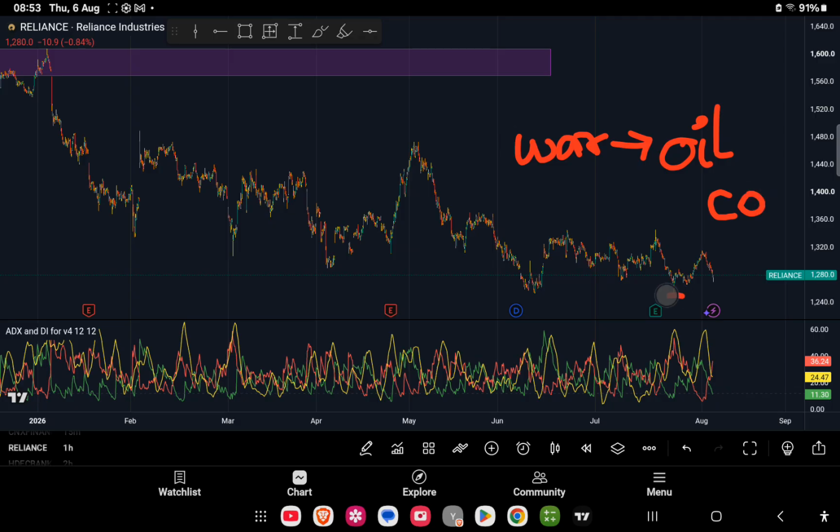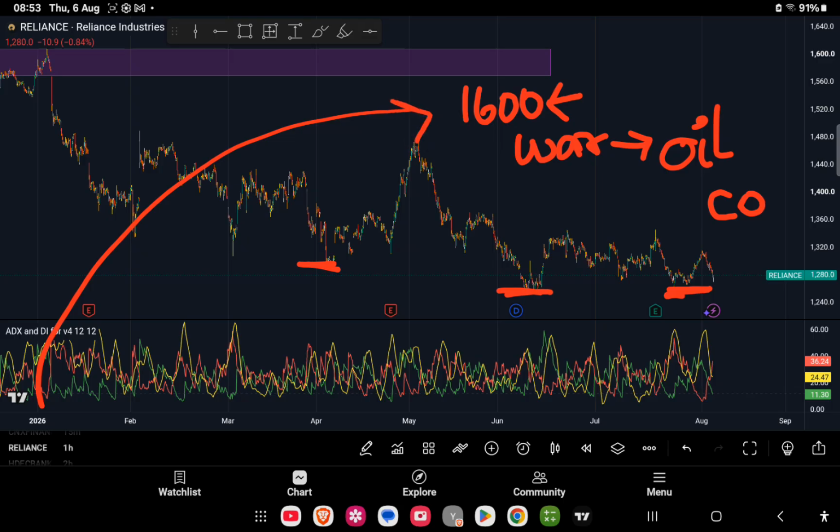That's why it is very difficult for Reliance to perform well. It was 1600 earlier in 2026, and now midway through the year it has fallen to 1200. I have to wait and watch for Reliance.